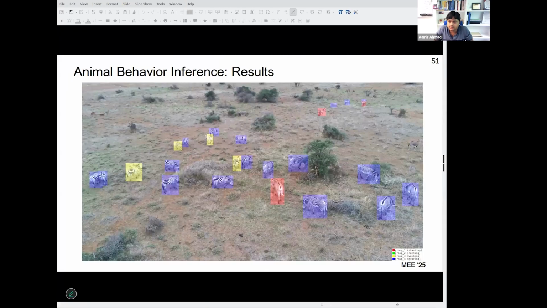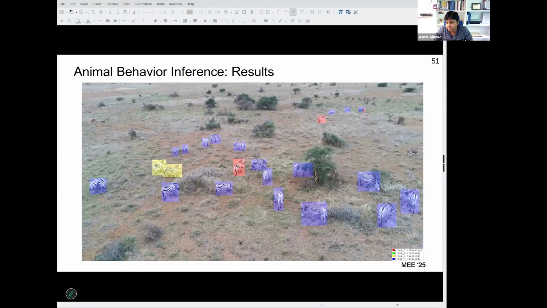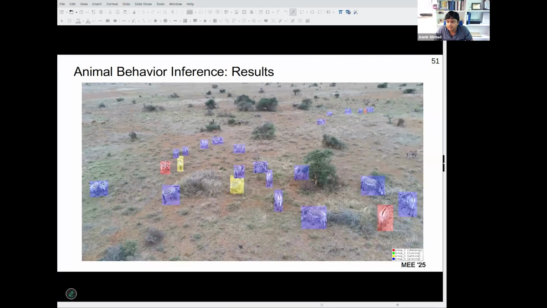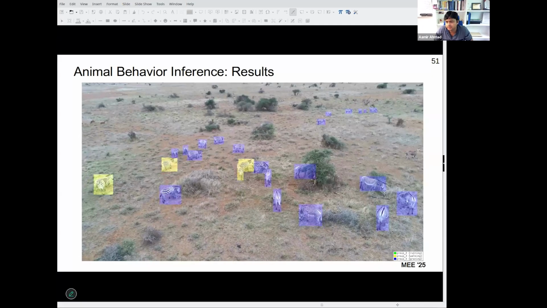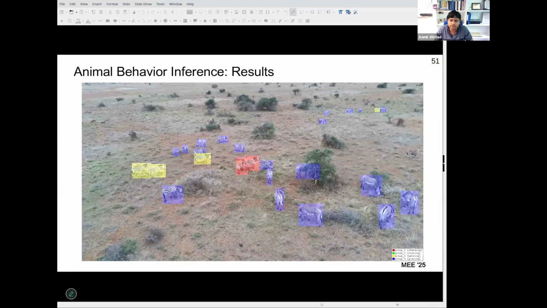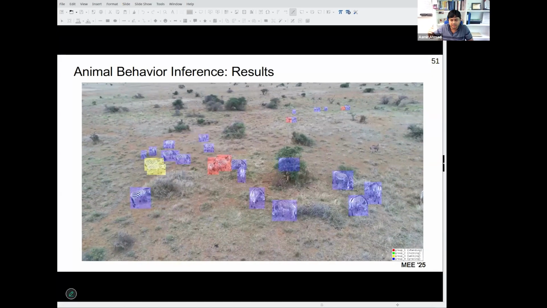Here are some results of the model that was finally learned through this whole pipeline, which shows standing, running, walking, and grazing behaviors. It is also important for these models to be highly accurate and not make frame-by-frame errors.